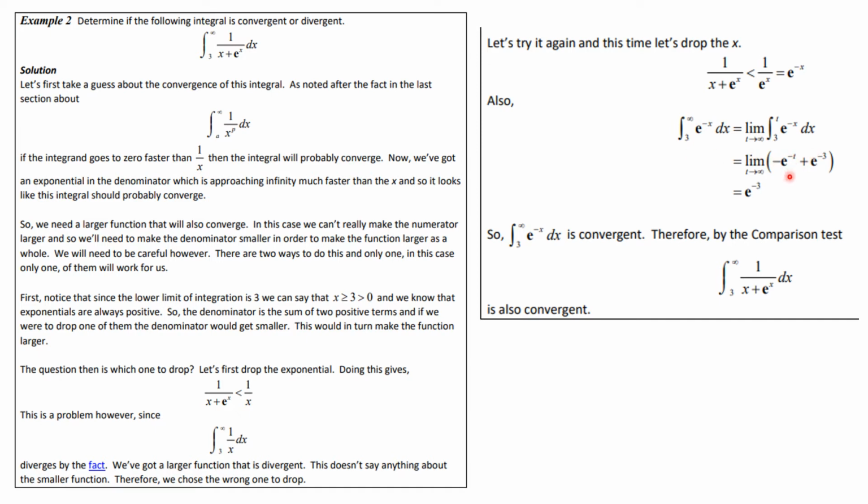We find the antiderivatives and subtract them, and we get that this is e to the minus 3. So that converges. So this means that this integral then is convergent. I mean, we just showed that. So by the comparison test, since this is smaller, this also converges. You see, you got to be careful which way you go.